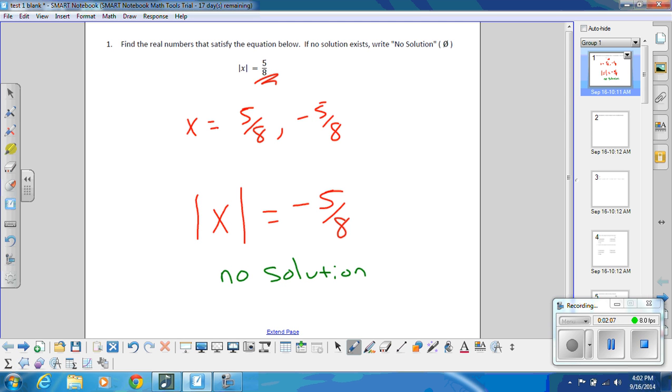The reason why is because I told you the number 5/8 represents distance on a number line. And although the numbers can be negative, the distance, whenever you measure something in those real life units, can never be negative. So in this case, if it starts out like this as a negative, you know it is a no solution. In our previous one that we just did, it did not start out as a negative, so it was okay.